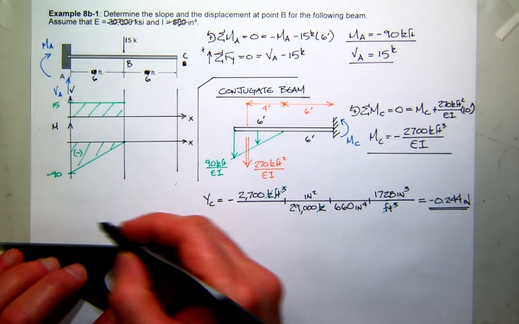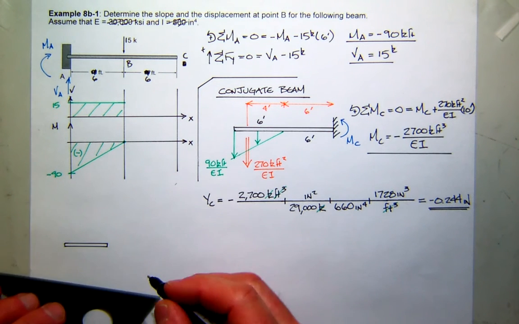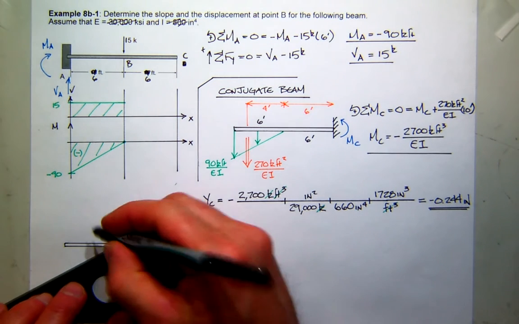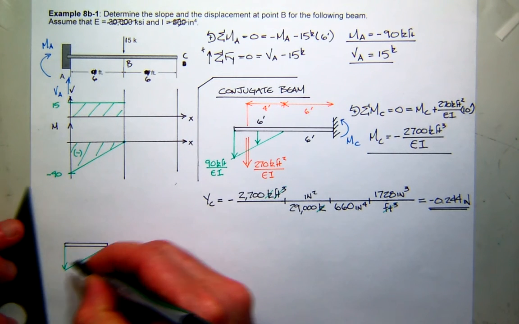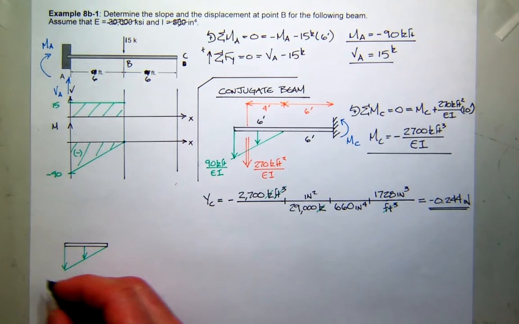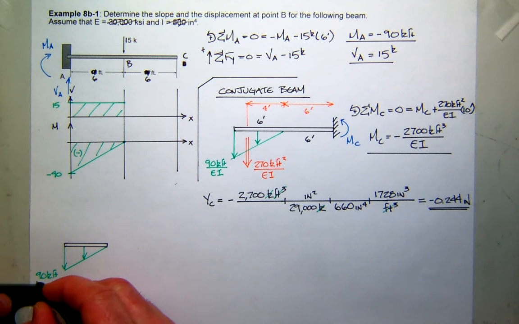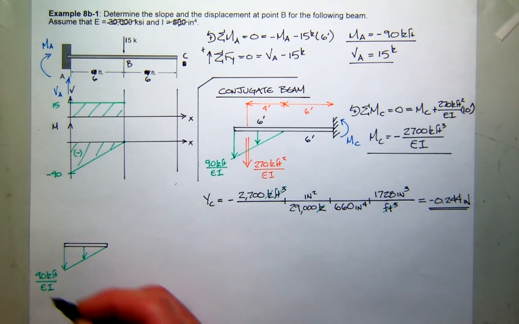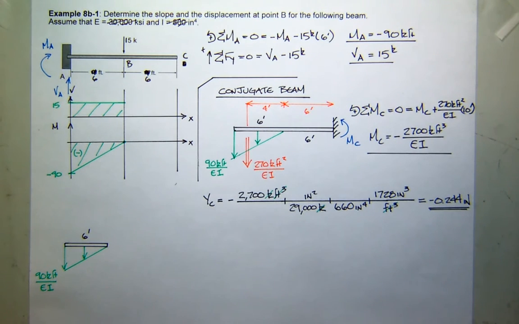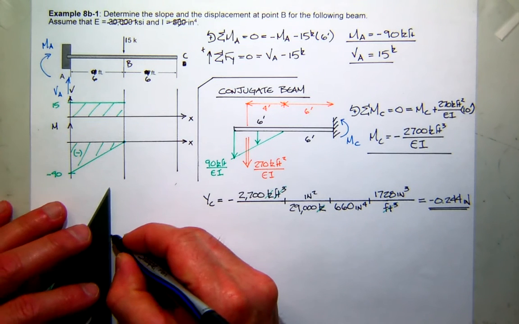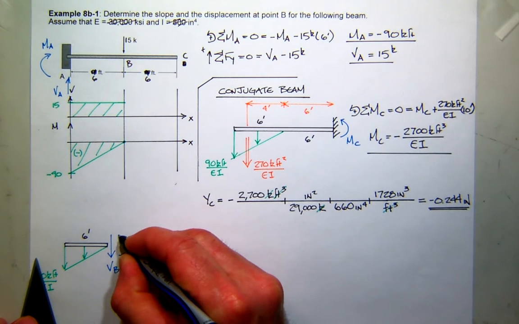So for the slope, I'm going to cut the structure and look at the right-hand side. I still have my force applied, or my M over EI. So this is still 90 kip feet divided by EI. This is still 6 feet. What else do I need to know? Oh, I need to know the shear at B. Now there would be a moment there too, but I'm not interested in that.